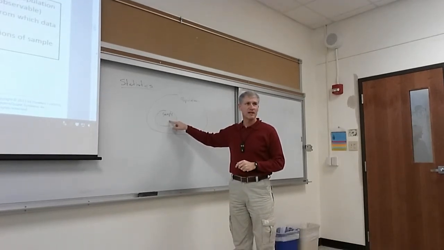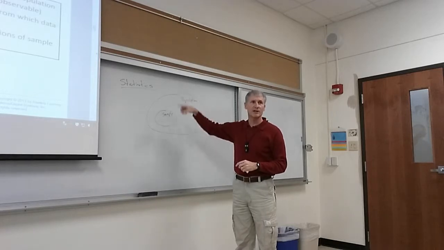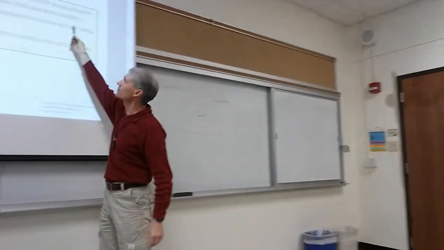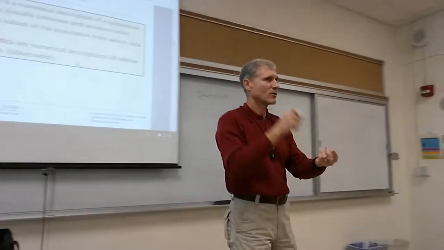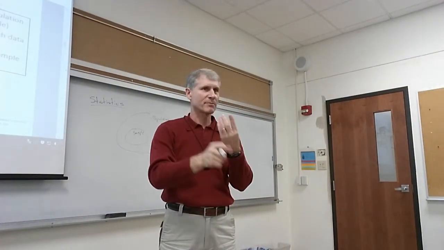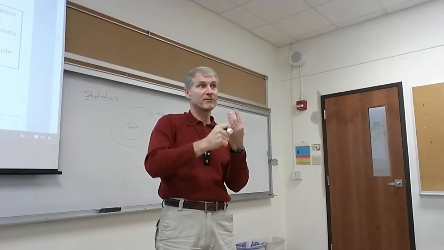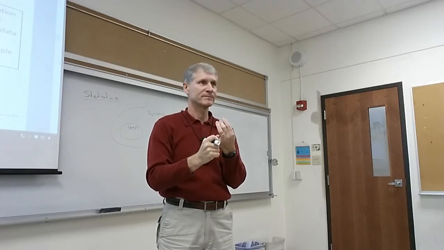That's called a statistic. If I could measure that same thing on the entire population, it's called a parameter. So a parameter is a numerical description of a population characteristic. It's mean or median or standard deviation or something like that, or the percent of people in the population who favor Donald Trump, right? That's a parameter.